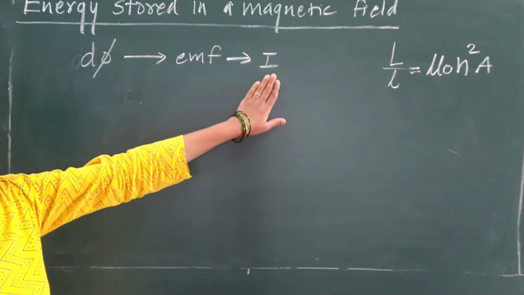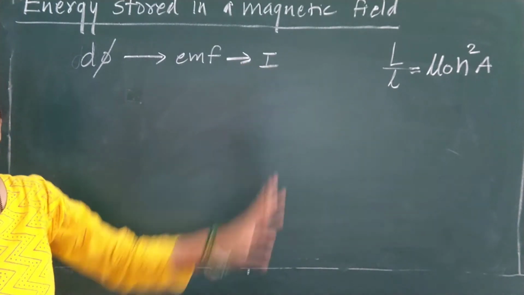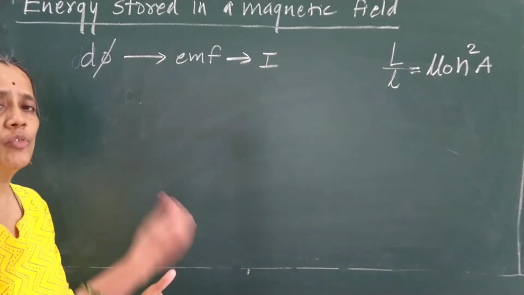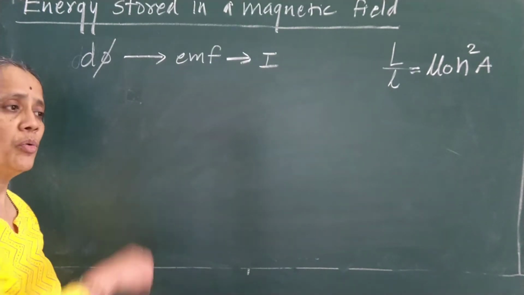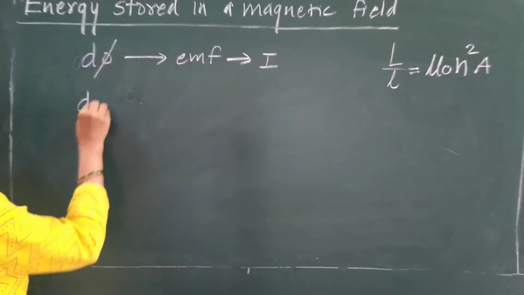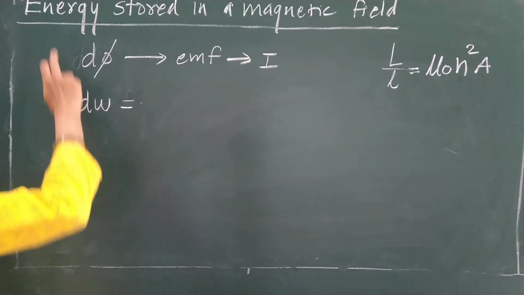Induced current means what? The charges will start moving inside the conductor, and to force those free charges to move through the conductor, we have to do a certain work, and that work done is nothing but stored in the form of energy.